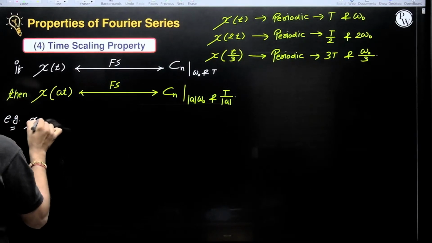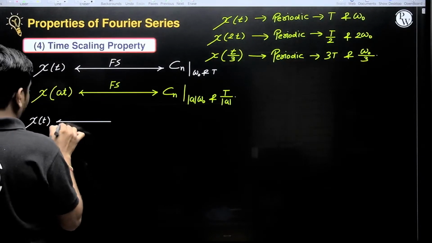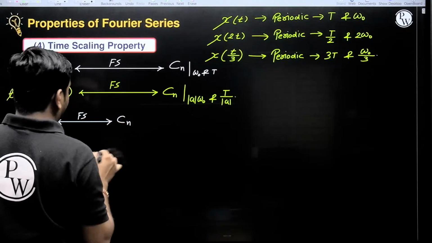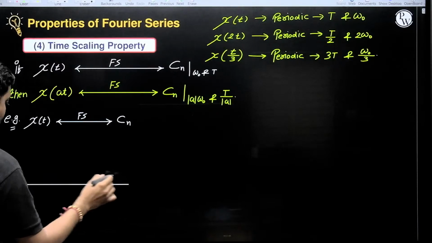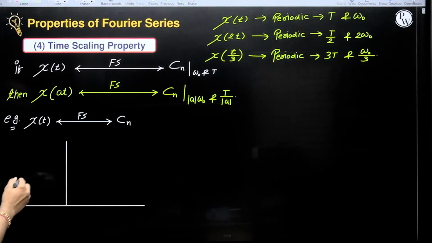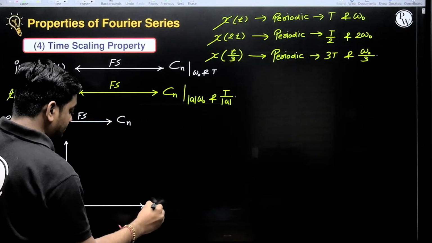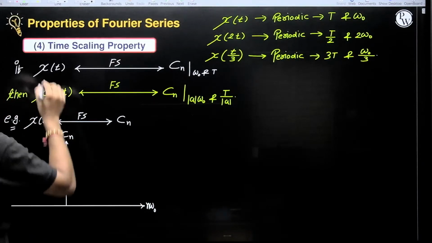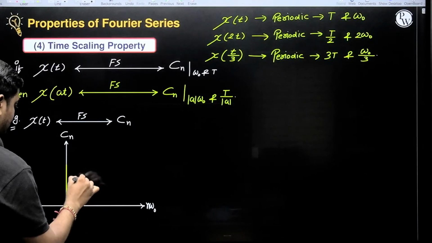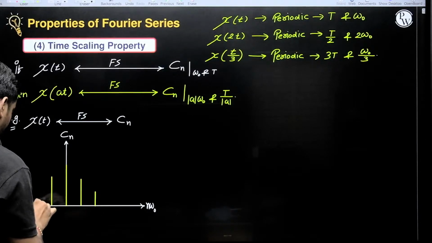Say for example, suppose x of t is a periodic signal with fundamental period capital T and fundamental frequency omega 0, and its Fourier series coefficient is Cn. Here I am writing n omega 0, and here I am writing Cn. This is just an example, okay?